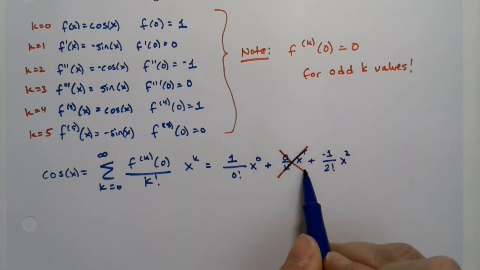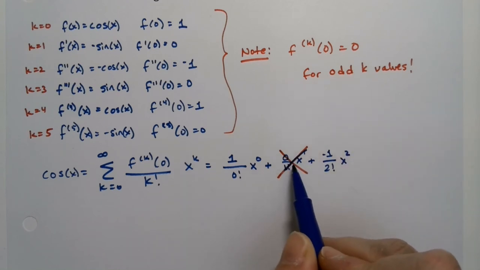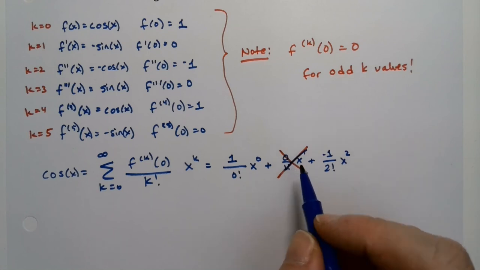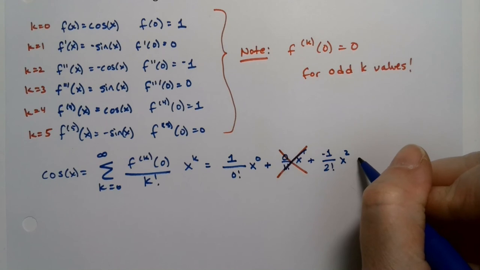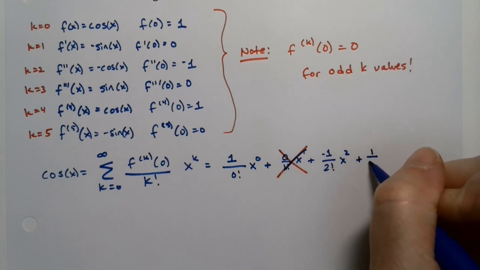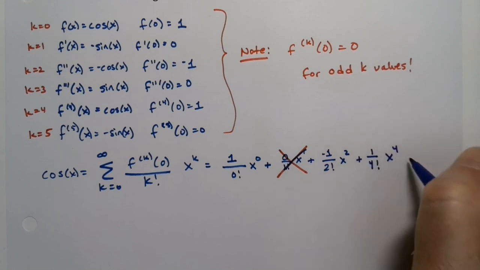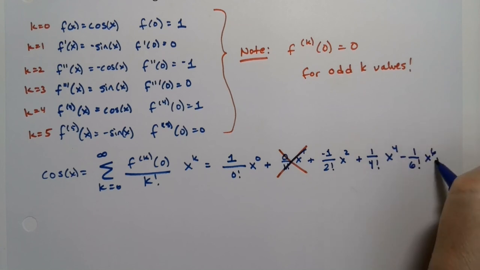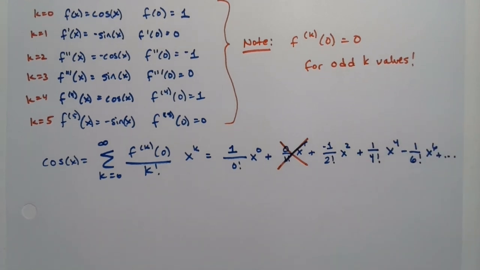We can skip the third one, same reason that we skipped the k equals 1 one, and then we're going to have plus 1 over 4 factorial x to the 4, minus 1 over 6 factorial x to the 6th, plus, and it will just continue that way, right? It's just alternating positive and negative 1 for the other values.